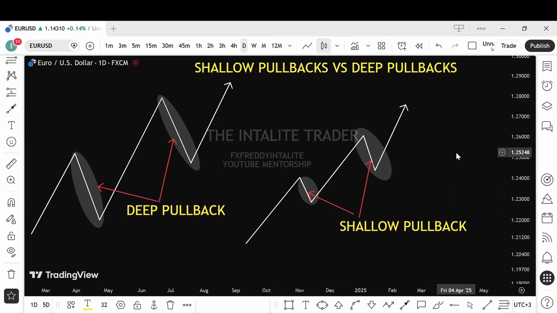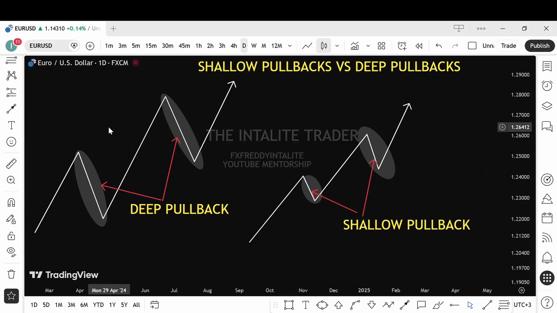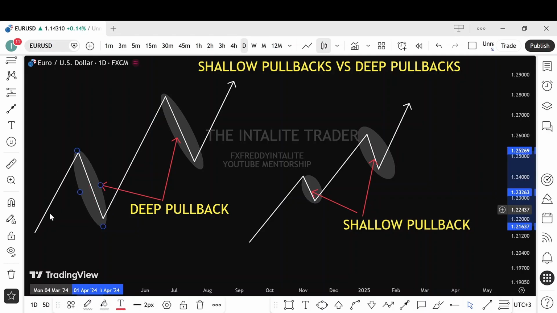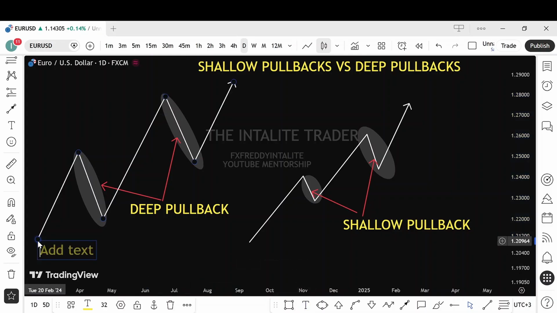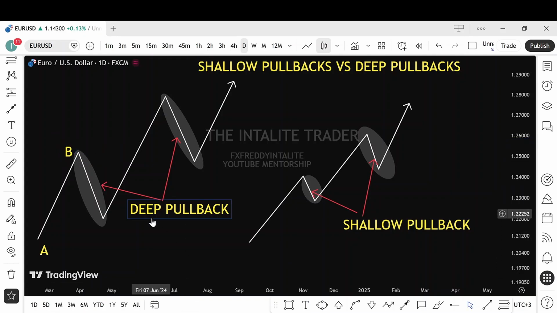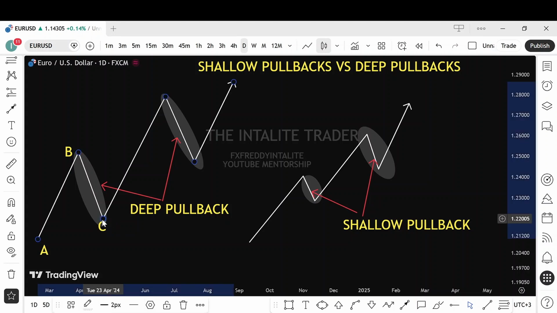When this market is moving, in case of an uptrend, this is what you're going to see. You're going to see price when it makes this impulsive move. Let's say this is point A and price is moving going to point B. Then C, this point C, where price is going to leap to make another impulsive move.